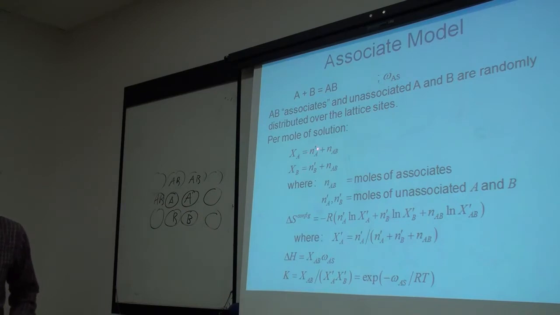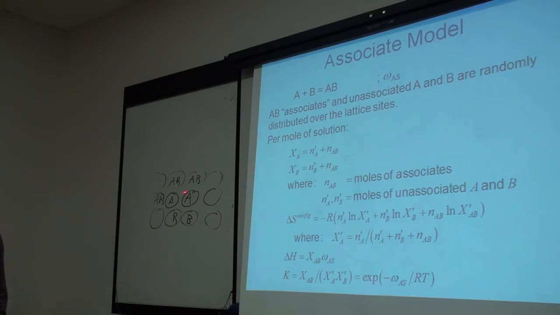But N prime A is the number of moles of unassociated A's, and NAB is the number of moles of associates. So we have 1 mole of solution, XA is the total overall number of moles of A, the A's and the A's in the AB's. So the total number of moles of A is the number of unassociated A's plus the number of AB's. And the number of moles of B overall is the number of unassociated B's plus NAB.